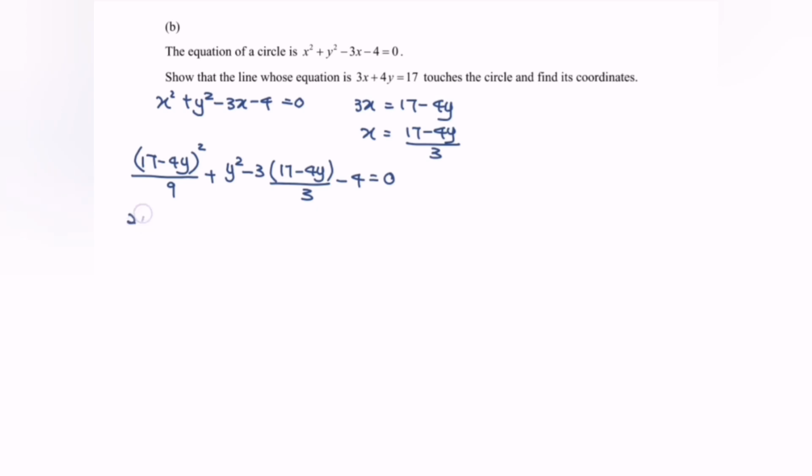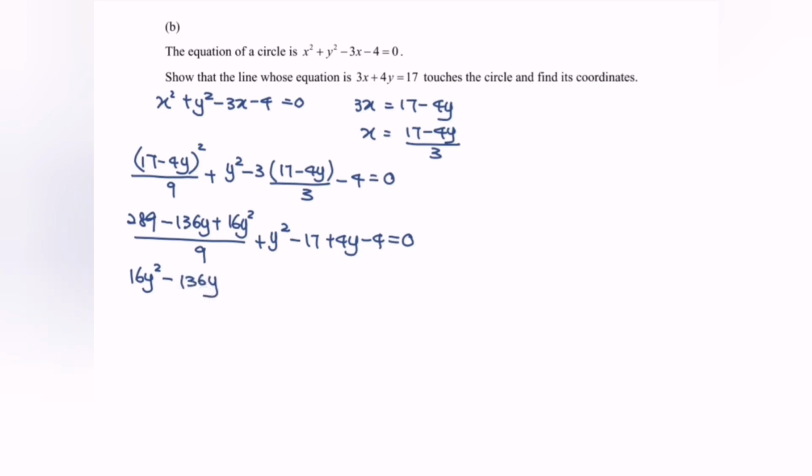So we will have 289 minus 136y plus 16y squared over 9 plus y squared minus 17 plus 4y minus 4 equals 0. Then multiply both sides by 9. So we will have 16y squared minus 136y plus 289 minus 189 plus 36y equals 0.